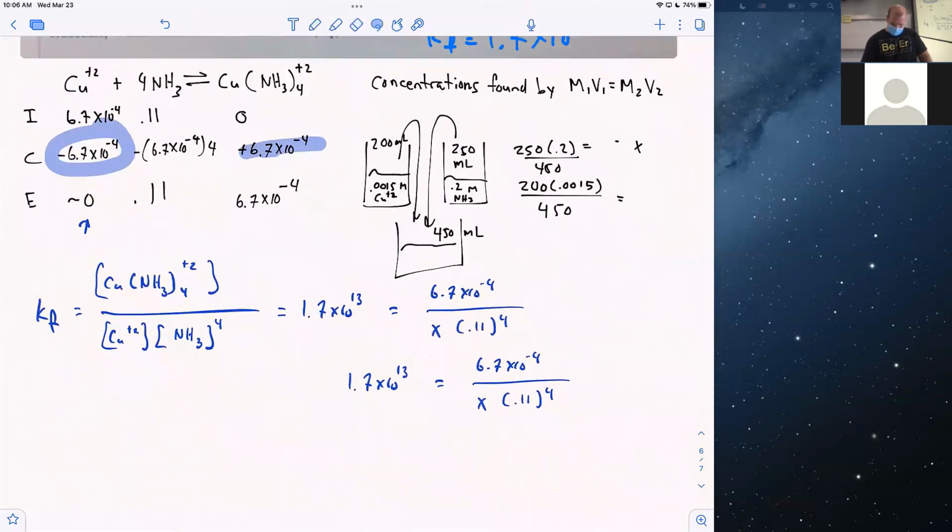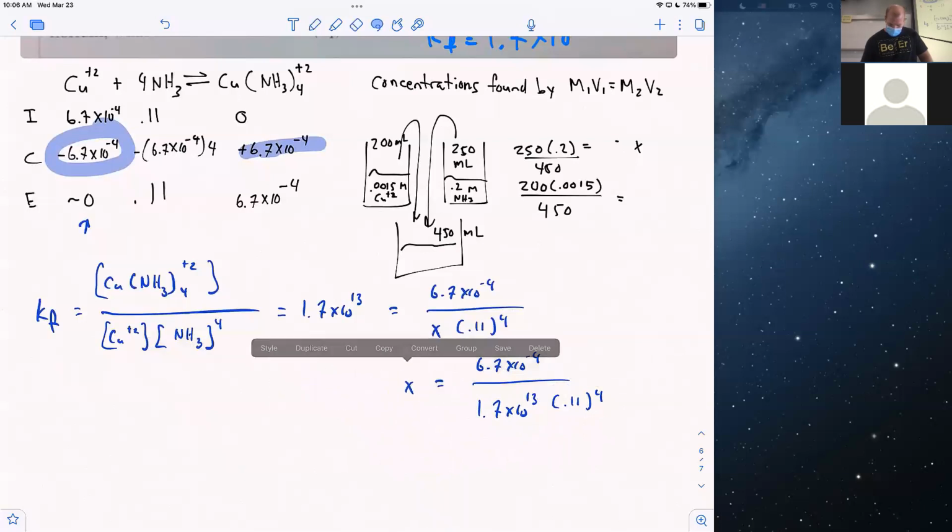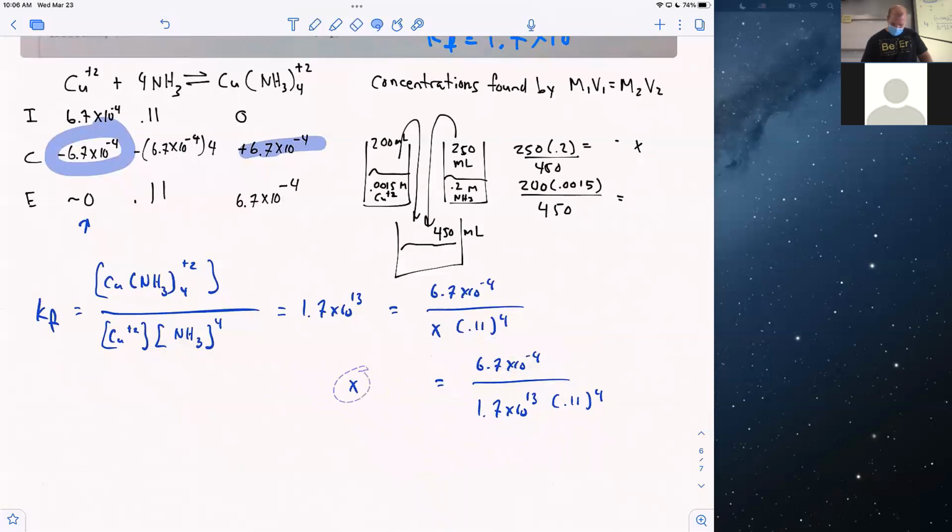So we solve for X, and throwing in the numbers, we get 2.7 times 10 to the minus 13.